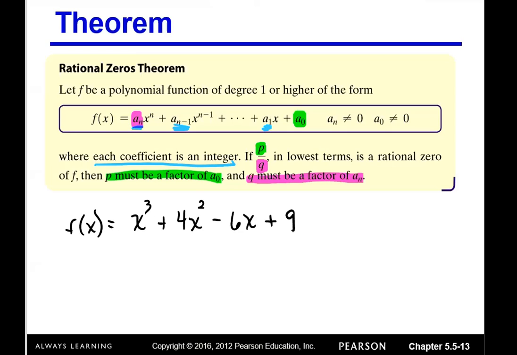Okay. So in this situation, my a sub n, which I can't see because it's invisible, is right here. It'd be that invisible 1, right? There's an invisible 1 right here.